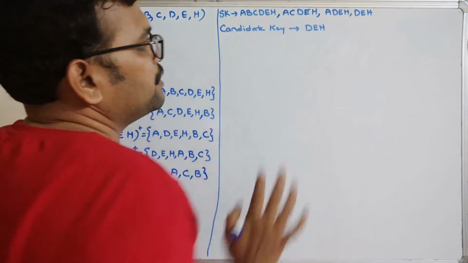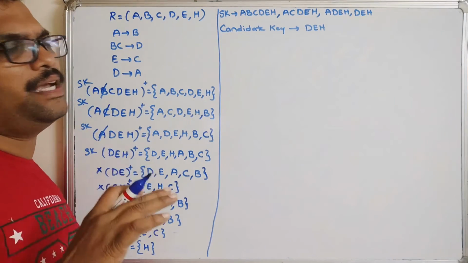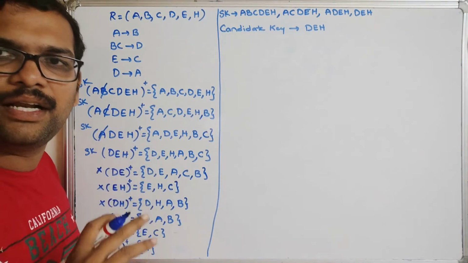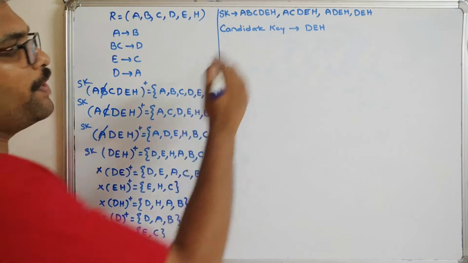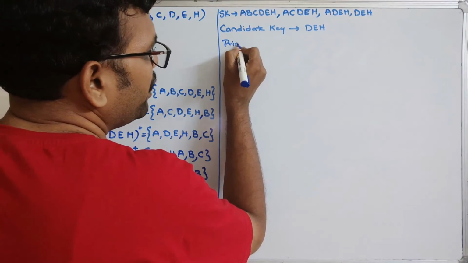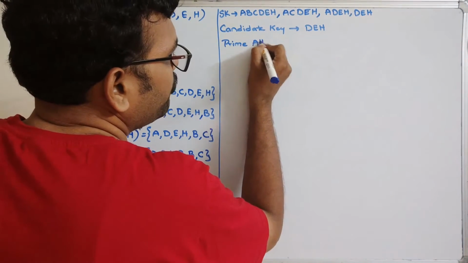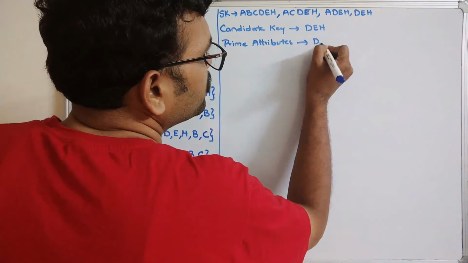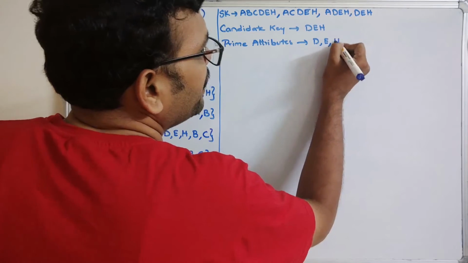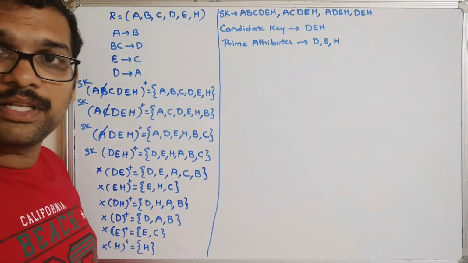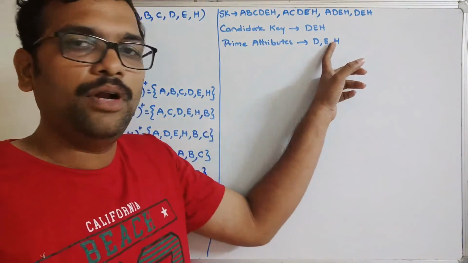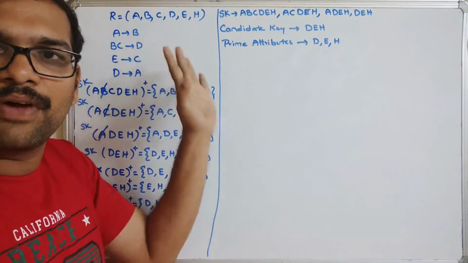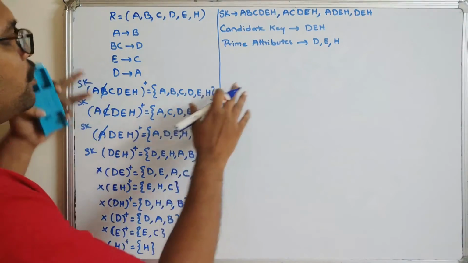So can we decide that DEH is the only candidate key for this given relation? No. We have to find out the prime attributes. Prime attributes are the attributes which are involved in the candidate key. So prime attributes are D, E, and H. We have to check whether any one of the prime attributes resides on the RHS of any functional dependency.